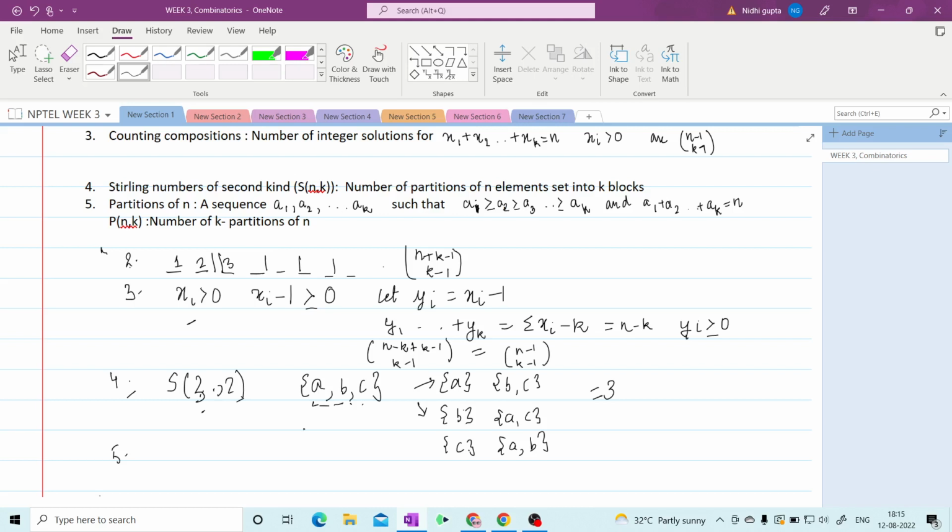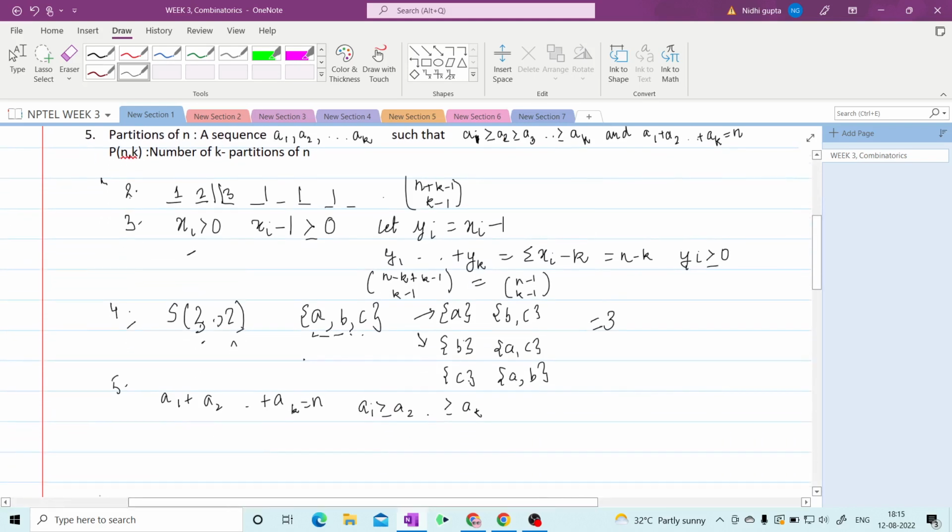extra condition that now we want to get a sequence of numbers a1 plus a2 till ak equal to n, with an additional condition that a1 should be greater than or equal to a2, and so on, greater than or equal to ak.